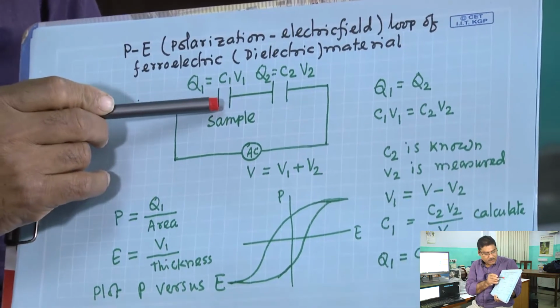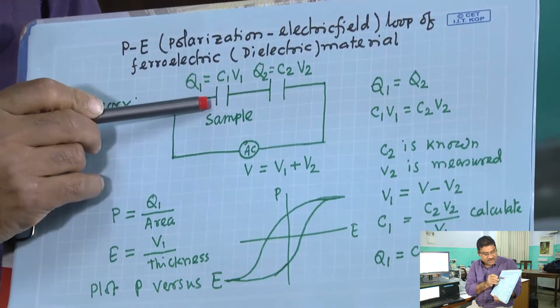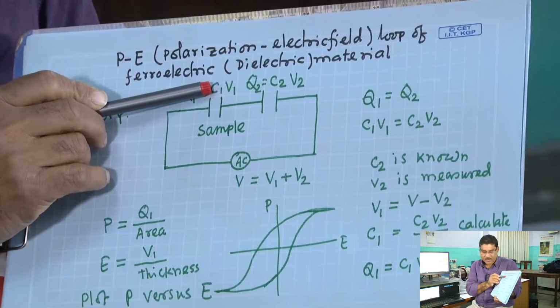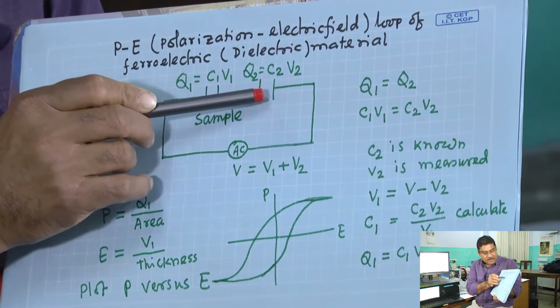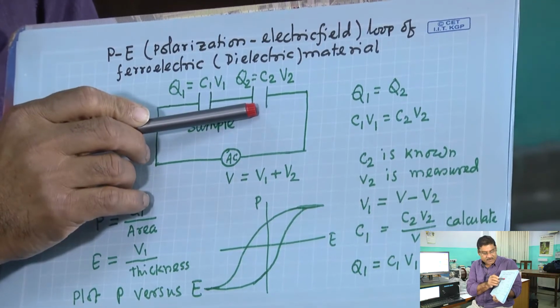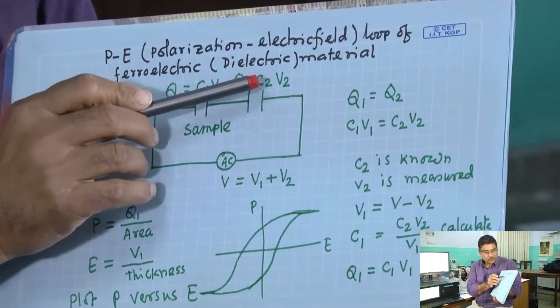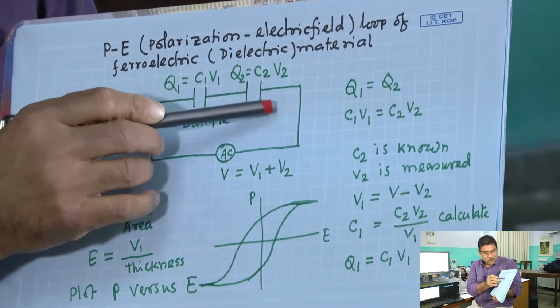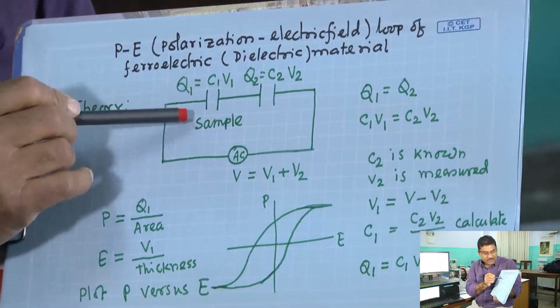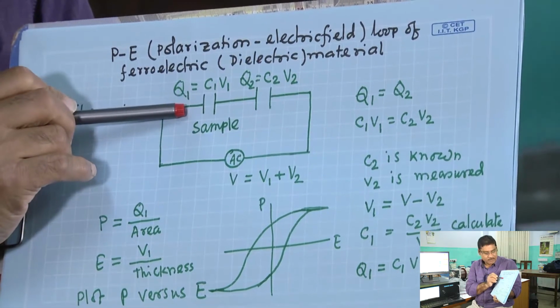So, with the sample, the capacitance of this capacitor is C1, and the second capacitor is a known capacitor, C2. The known capacitor is connected in series with our sample capacitor.